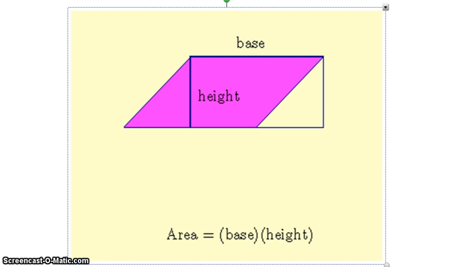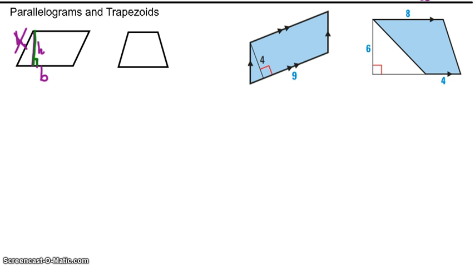So since we haven't changed the area, the area of the parallelogram is also base times height. Again, because we could cut off this little triangle and bring it over here, like that, the area of a parallelogram is going to be base times height, just like a rectangle, as long as you remember we're not using the slant height, we're using this height perpendicular to the base.